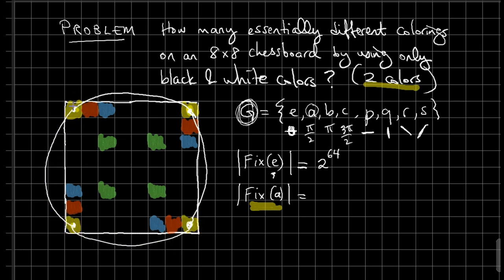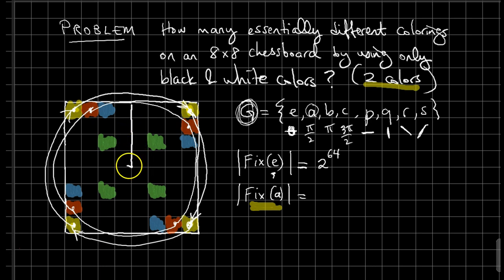So that's a unique cycle. Every element in that cycle should have the same color. So basically it's a matter of counting how many cycles there are. That's one cycle. Then we have another cycle of these red ones. You can see there's another cycle here. So the question is, how many cycles? Well, it's actually not too hard once you realize the following thing.